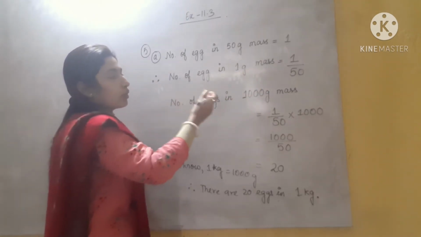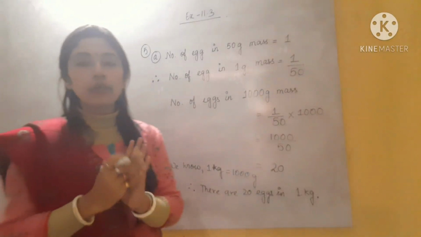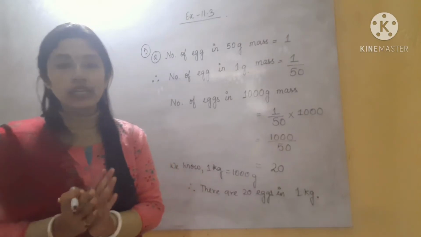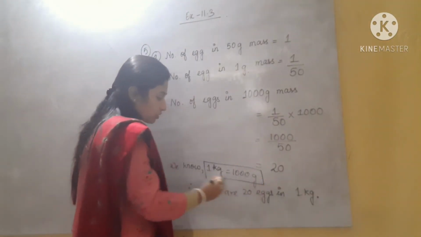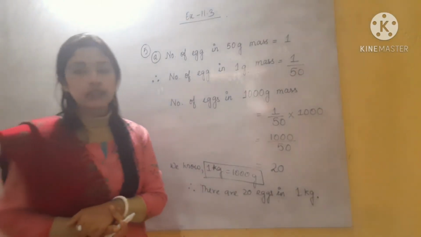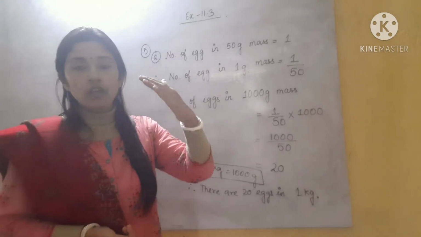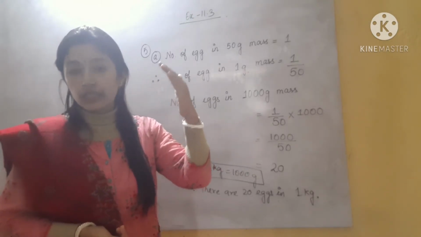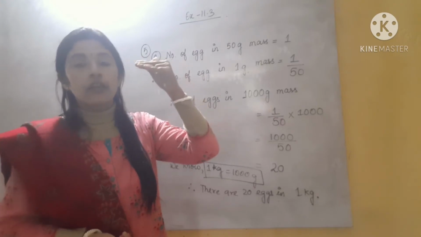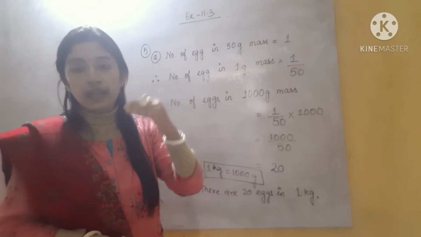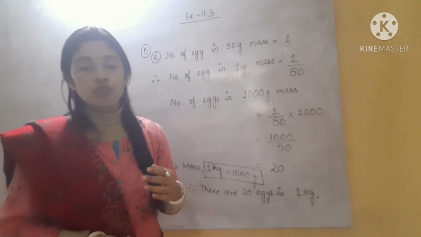Now we have to convert 1 gram into kg. We know that 1 kg is equal to how much? Yes, 1000 gram. Already I discussed the chart of mass in the previous lecture. First we have kg, then hectogram, then decagram, like this, then after that we have gram.